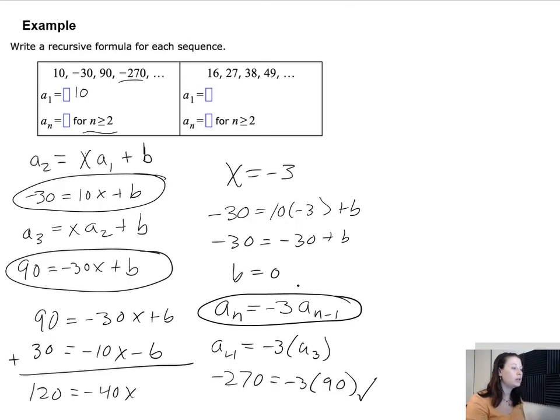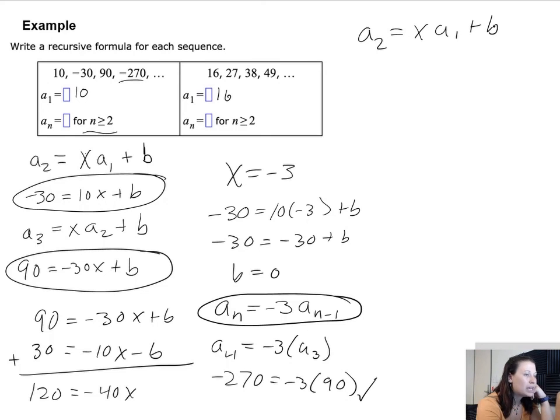Okay, so now we can do the same kind of thing for this second question. So a1 is 16. So then we can write out a2 is equal to x times a1 plus b. So then we have 27 is equal to 16x plus b. Then we can write out a3 is equal to x times a2 plus b.